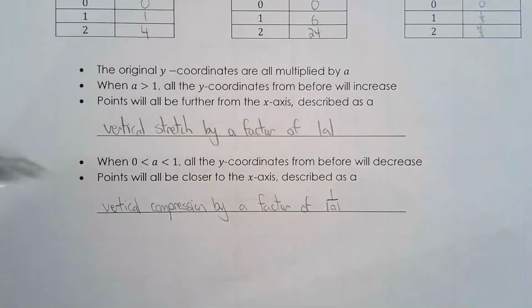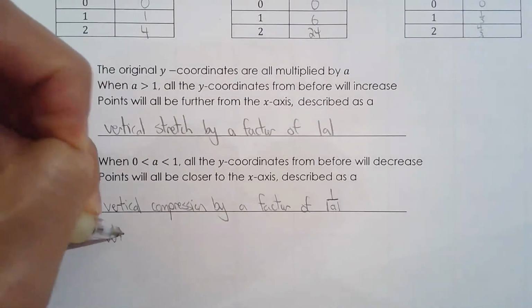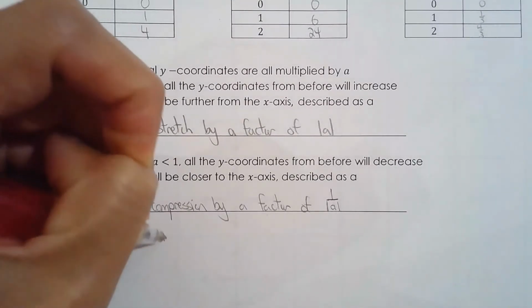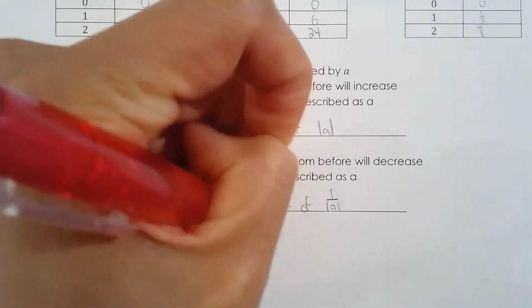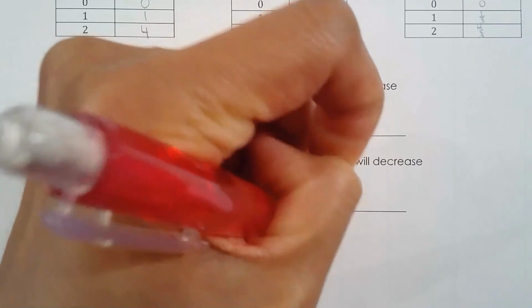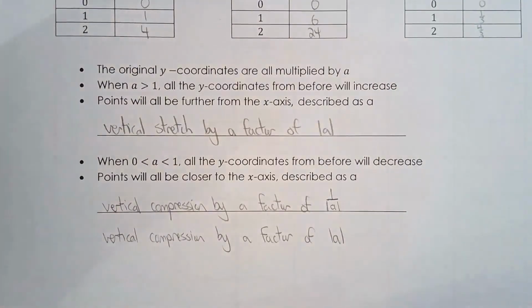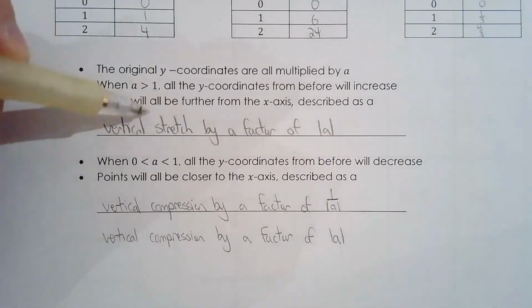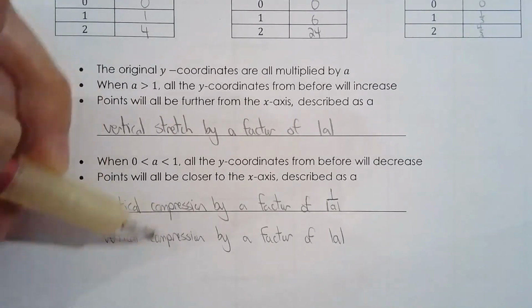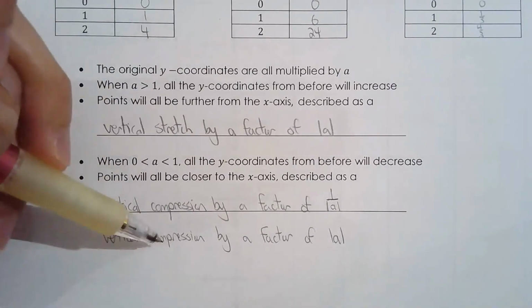To me, that makes perfect sense, because the way the textbook has it is vertical compression by a factor of a, or magnitude of a. Now this to me makes no sense, because if someone says that, what they're really saying is that the idea of stretch and compression is exactly the same.